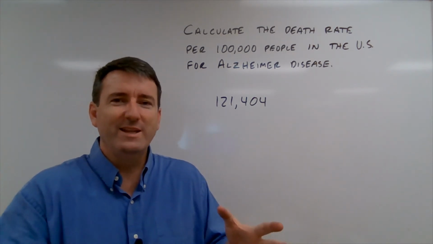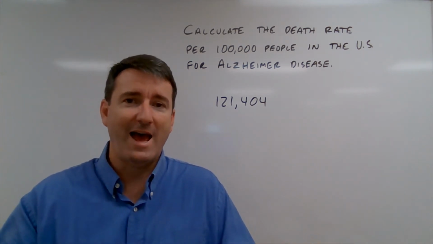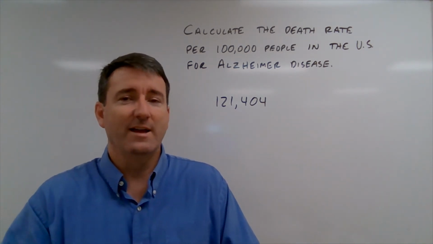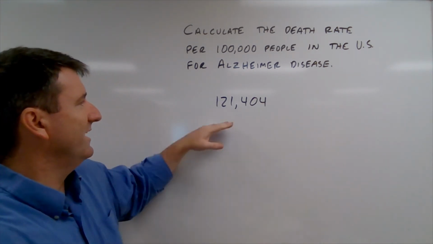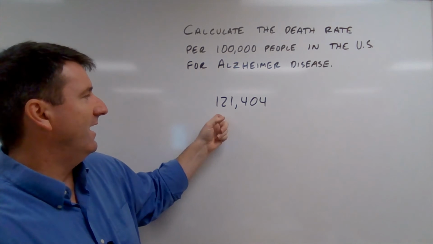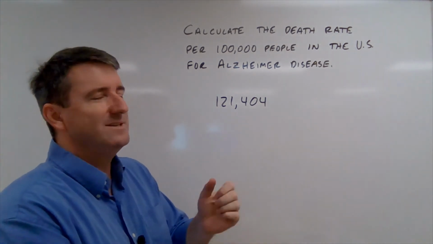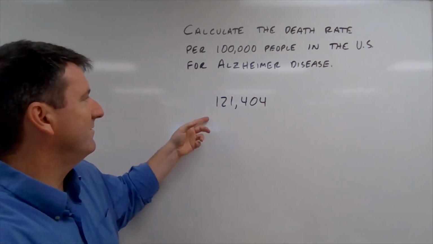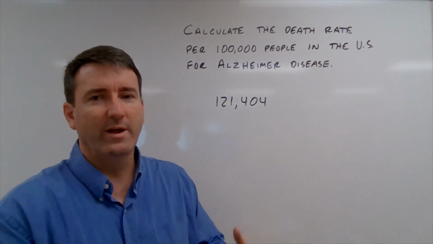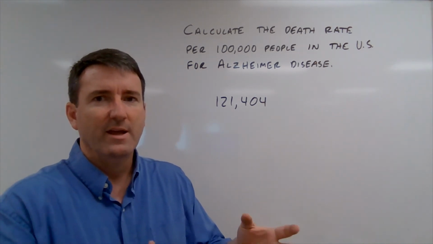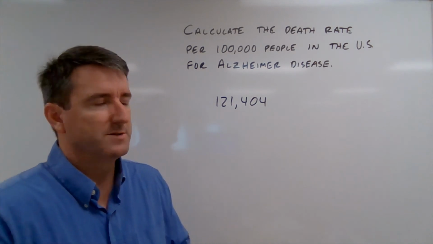But that's not really very meaningful, because not everyone has an equal chance of dying of Alzheimer's disease. So it makes more sense, and we're going to get numbers that are easier to work with, if we think of the death rate per 100,000 people rather than the relative frequency probability for any individual person.